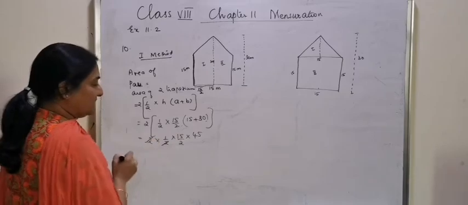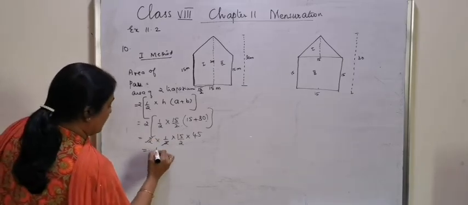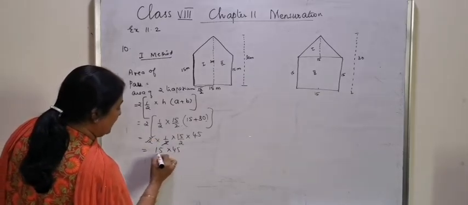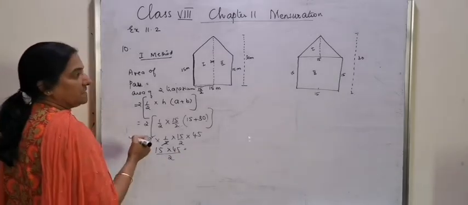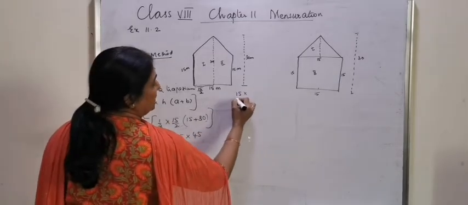This 2 and 2 get cancelled, which is the same as 15 into 45 divided by 2. Let's see what is 15 into 45.